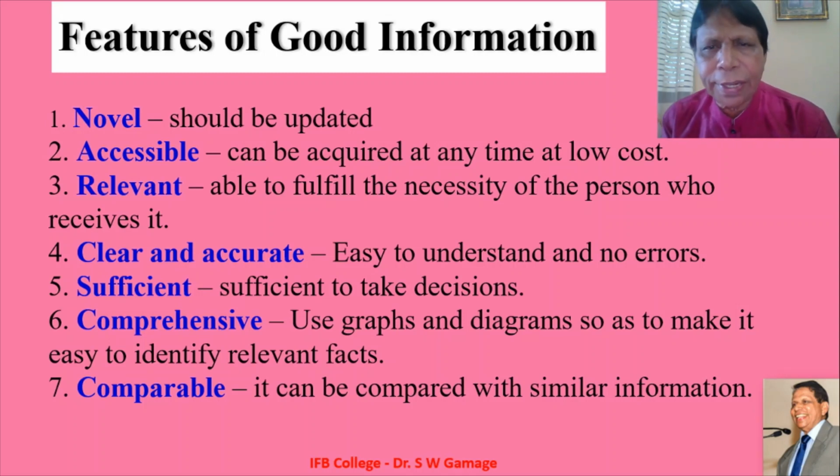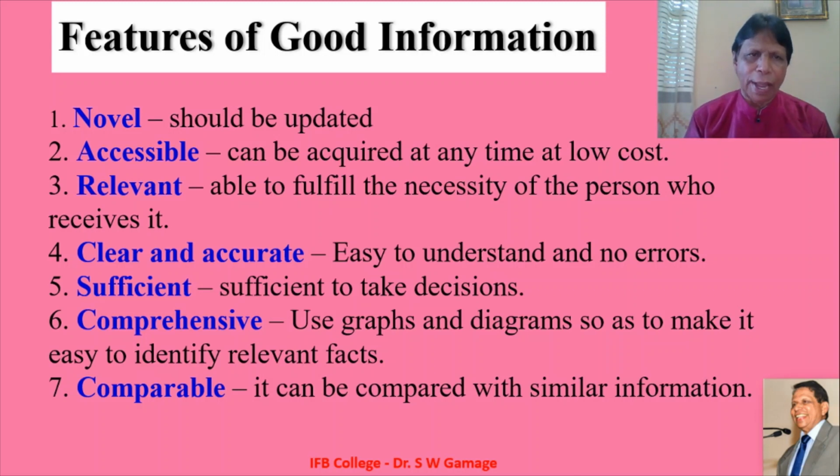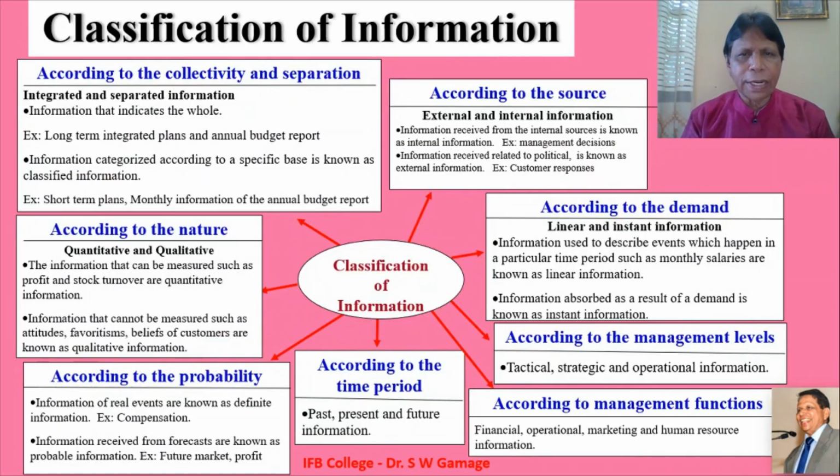Now here I show you the features of good information. If you go through this slide, you can understand. I think you may have done this referring to the teacher's guidebook. At the same time, information can be categorized according to criteria.